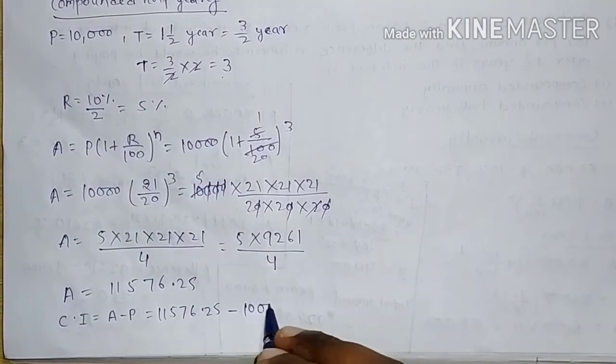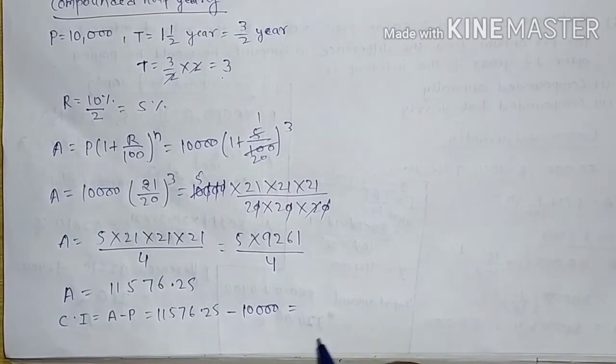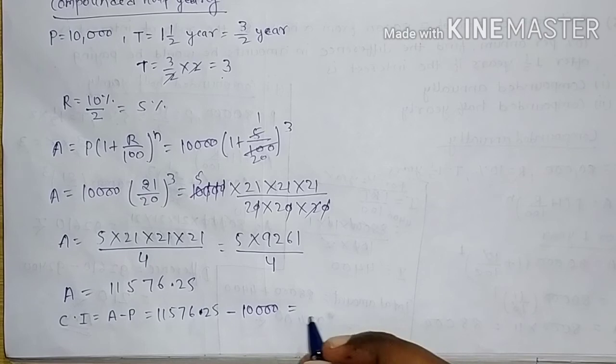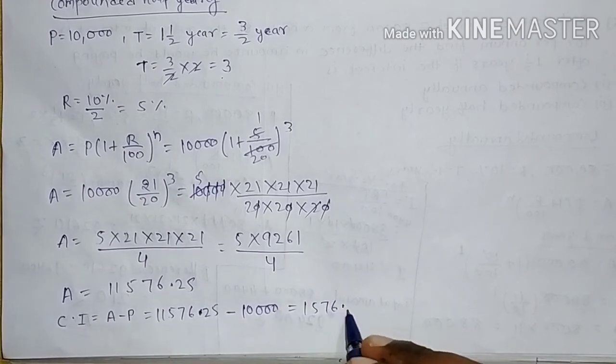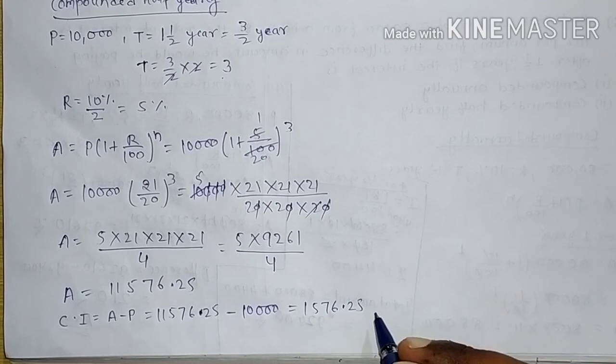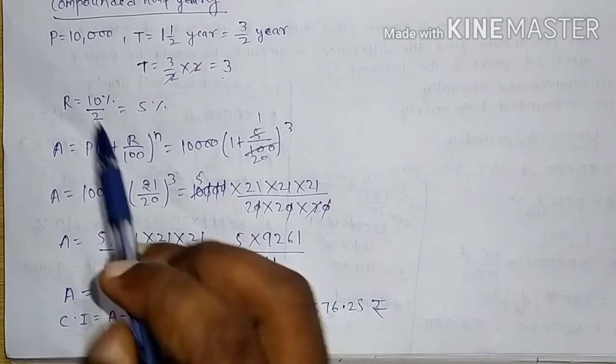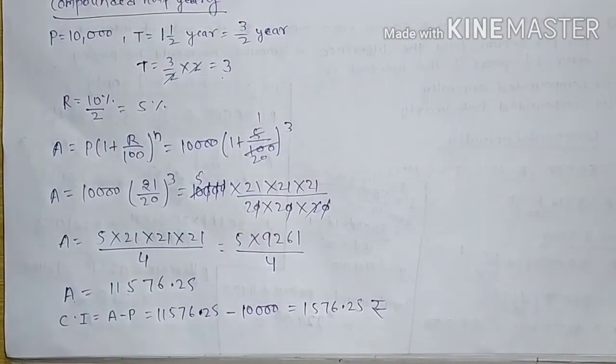This equals to 11,576.25 minus 10,000, so it will be 1,576.25. Now this is the compound interest, 1,576.25, and this is the amount when interest is compounded half yearly.